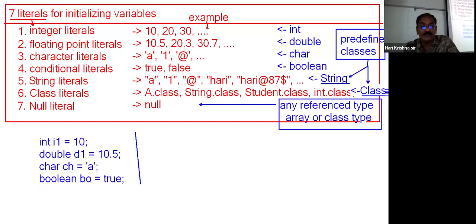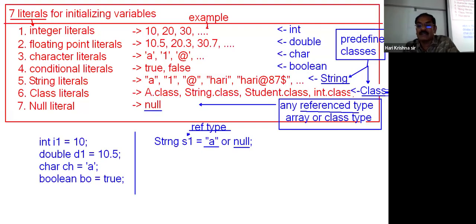If I create a string variable s1, I can initialize it with a string or with null. String is a reference type, and when it is a reference type, either a reference value or null is allowed. Null is any reference type, so null can be of String type.